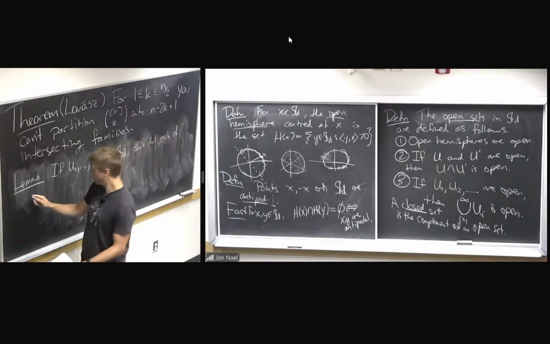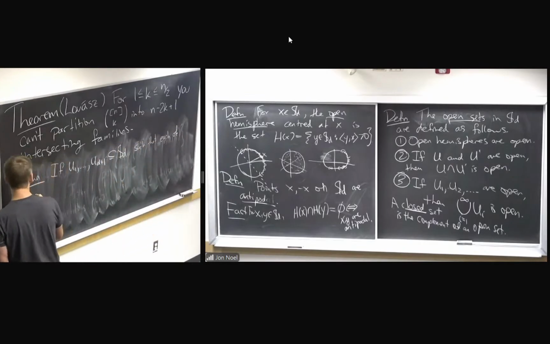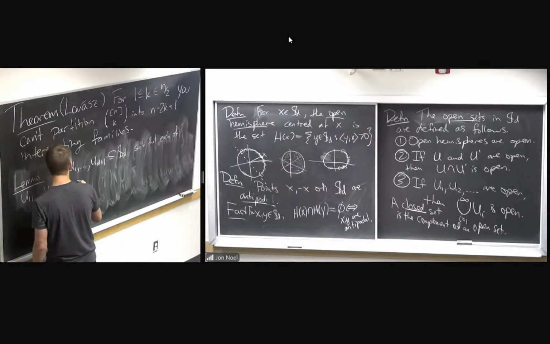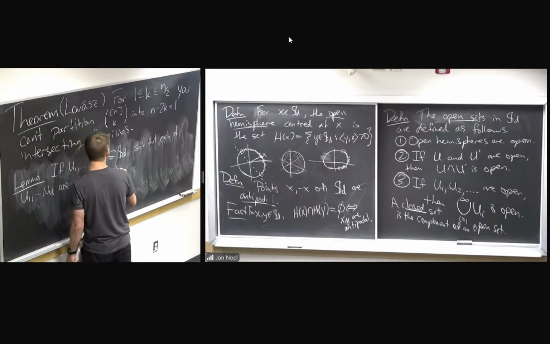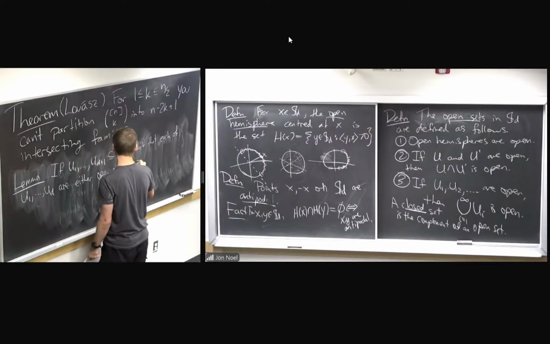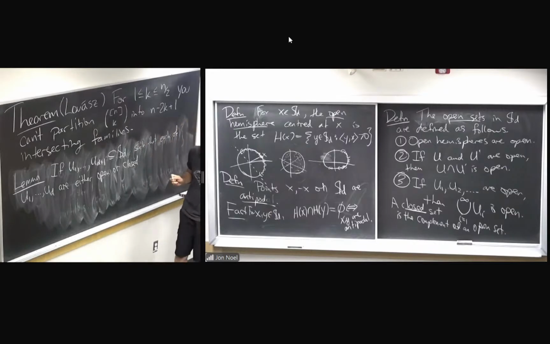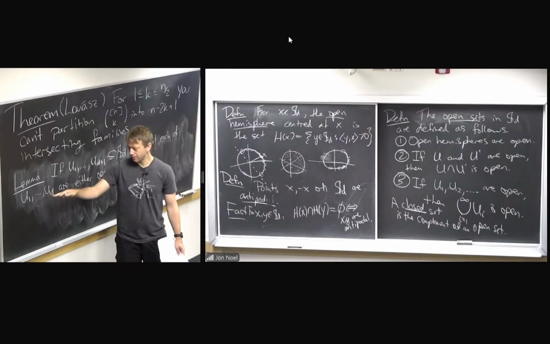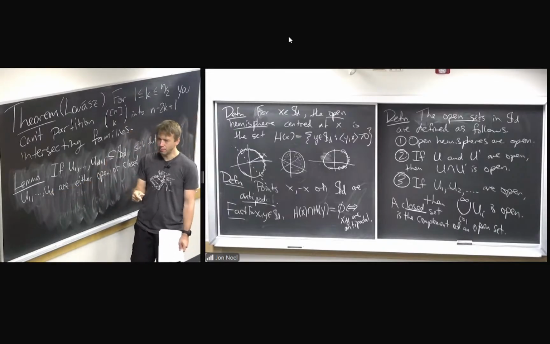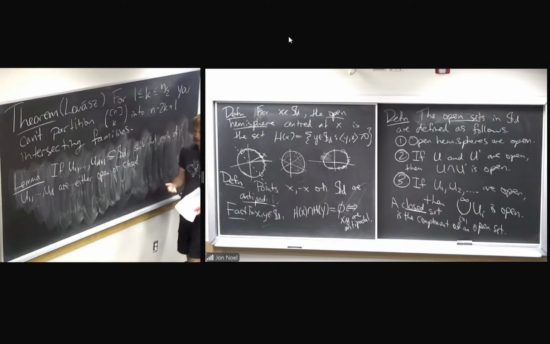So each of U1 up to UD are either open or closed. And just to clarify, different sets could be different things. So U1 could be open, U2 could be closed, U3 could be closed, U4 could be open. Each of them individually has to be open or closed.